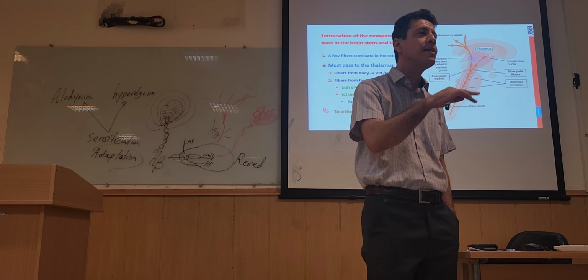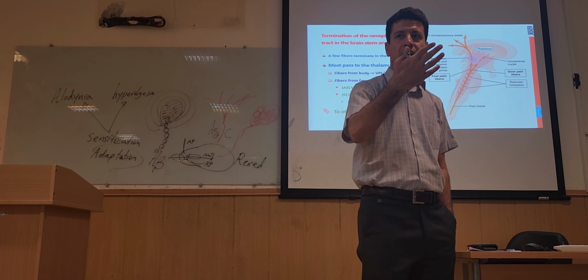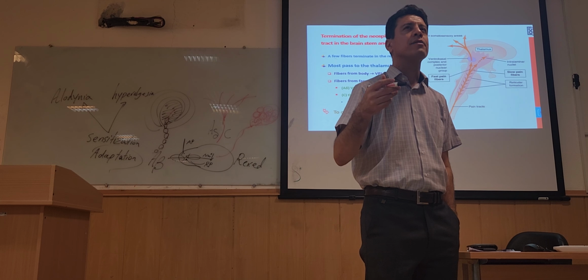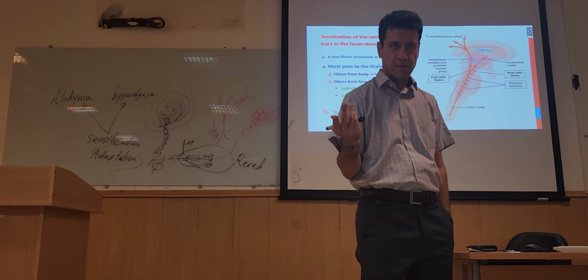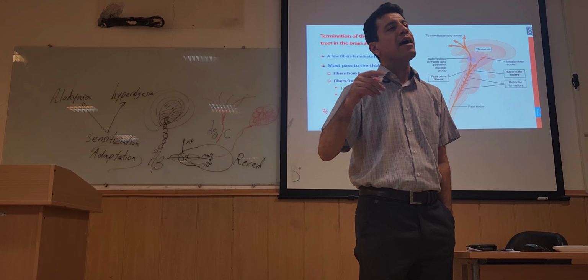Archispinothalamic is another tract, a third tract, which is important for pain, but because we have 2 more important tracts, we exclude this one.